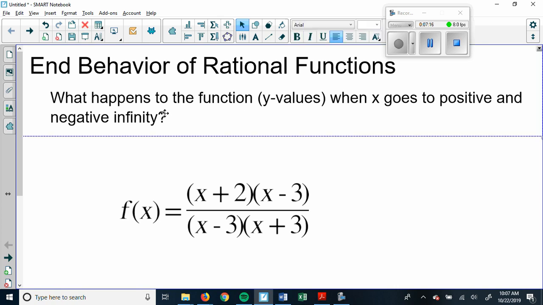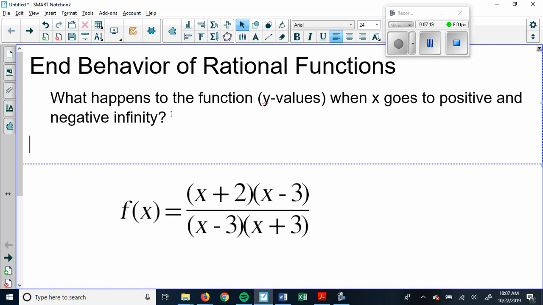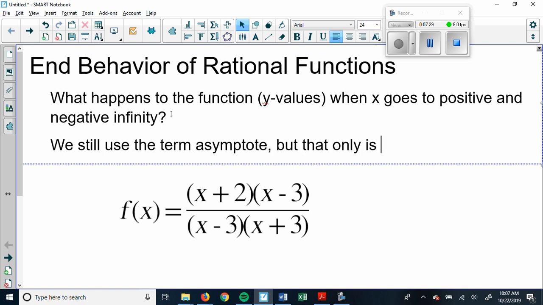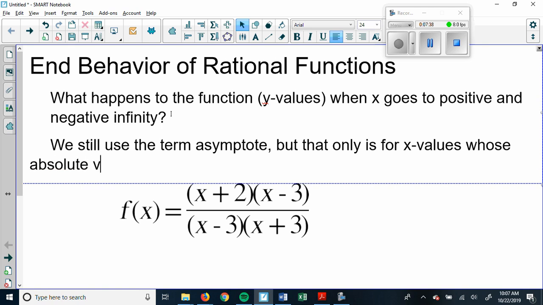We still use the term asymptote, but that only is for x values whose absolute value is large enough.